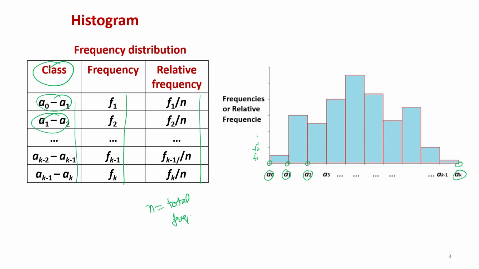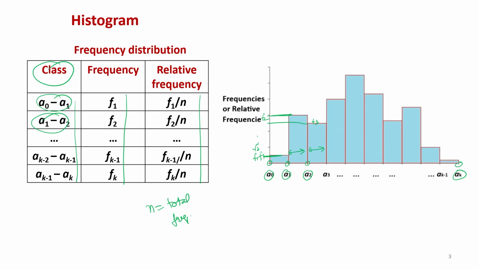Then I see the frequency or relative frequency of class 1. Suppose this is F1, and similarly this is F2, the second class between A1 and A2. Similarly, we have the third class between A2 and A3, and suppose its frequency here is F3 and so on, right. So this is how we make the histogram.